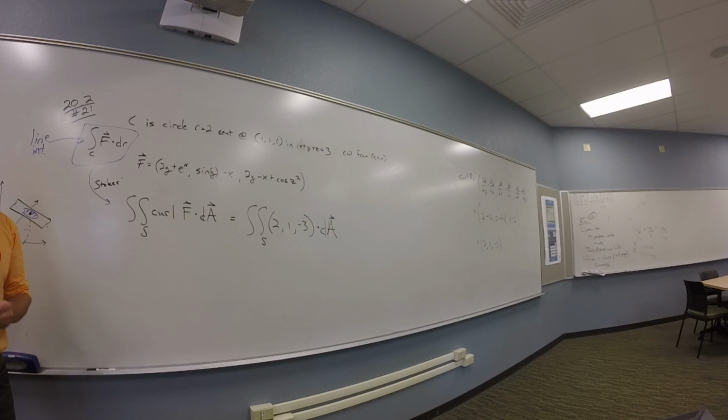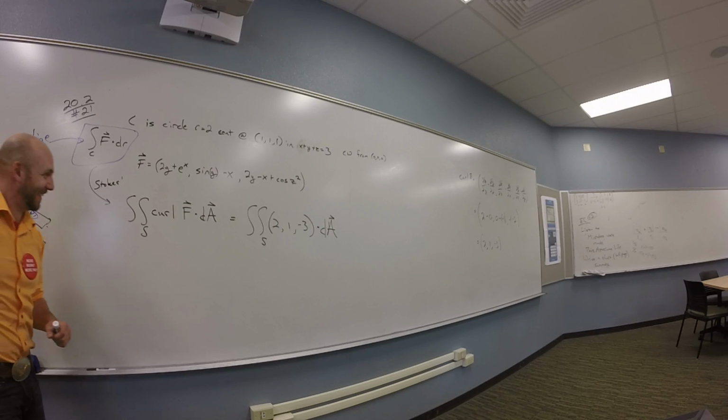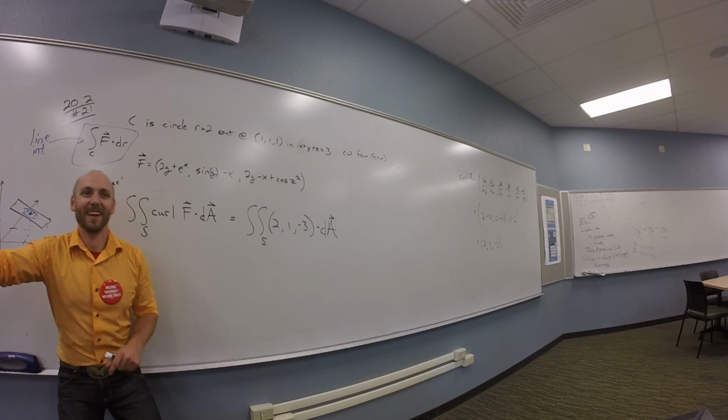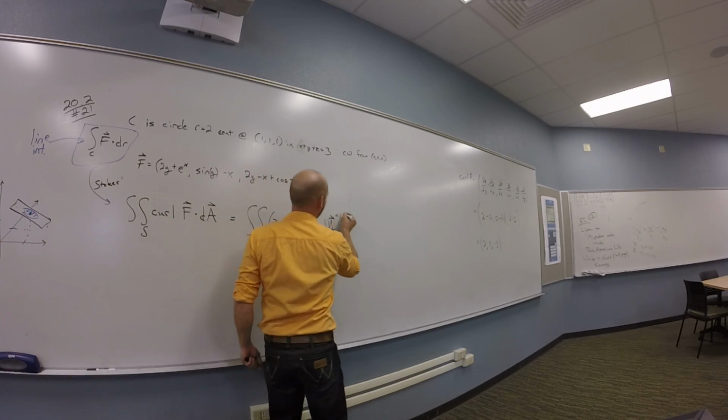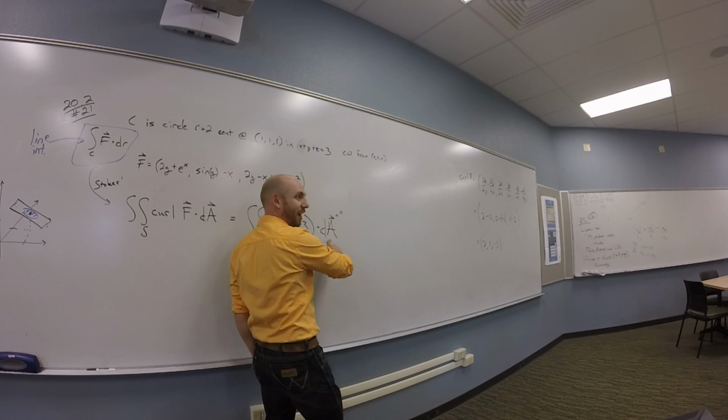You notice that the curl dotted with the normal, the area vector, is 0. What? How? The normal vector is 1, 1, 1. 2 plus 1 minus 3 is 0. Okay, so for this thing, the area, right?